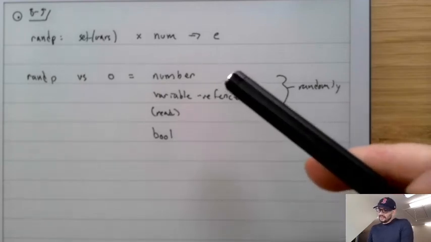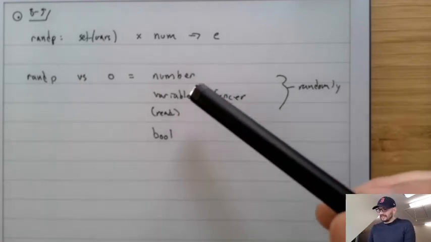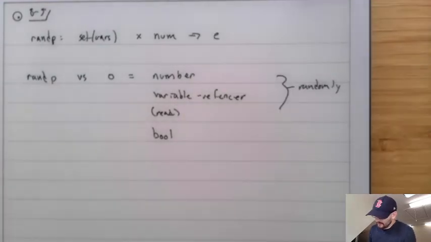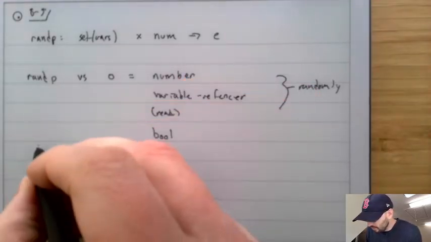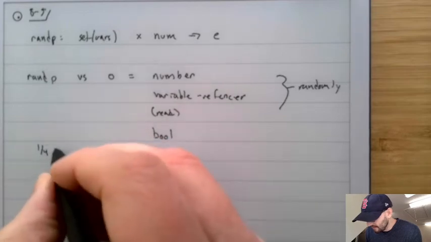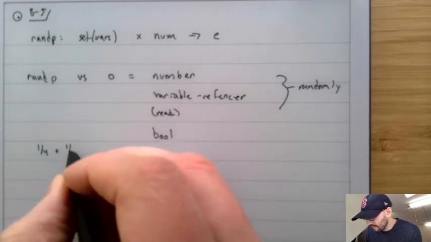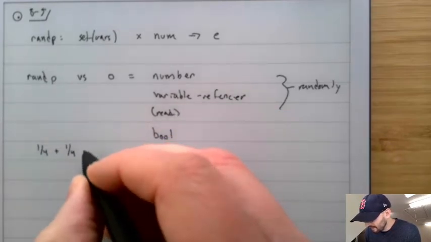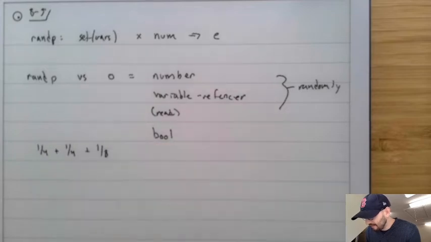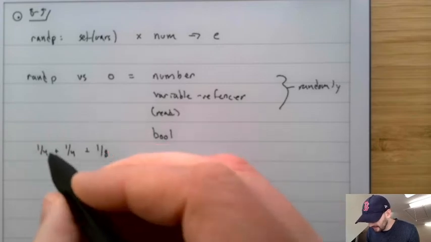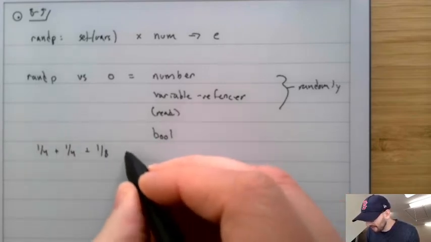In that case, the probability of succeeding is going to be 1/4 for the number plus 1/4 for the read plus 1/8 for the amount of time that we'll get the variable reference. I'm doing math live, it's dangerous.